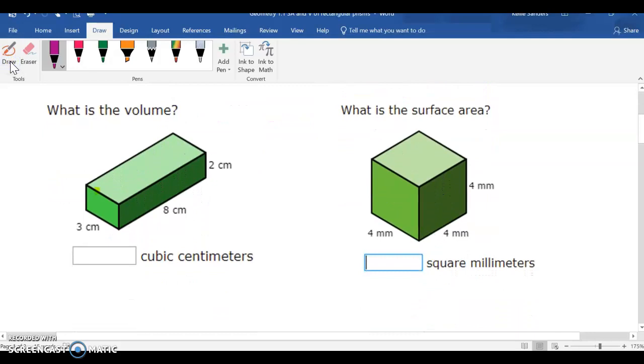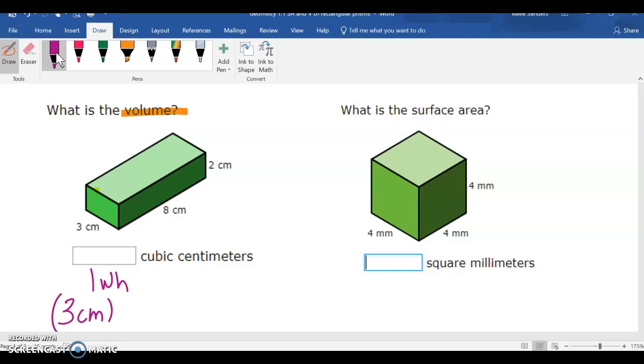So let's get to it. Make sure that you read the question. On this one it says volume. So on volume, you're going to do length times width times height. Now, we have 3 centimeters times 8 centimeters times 2 centimeters. Well, 3 times 8 is 24. 24 times 2 is 48.